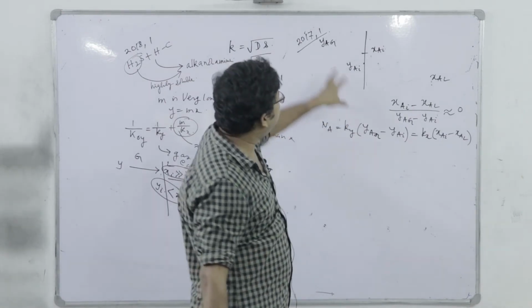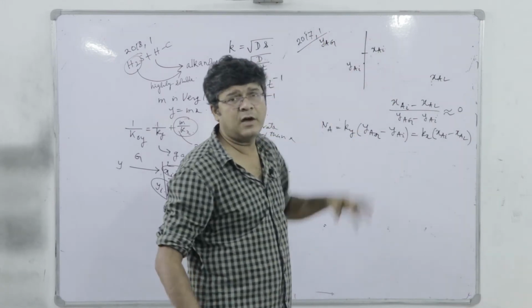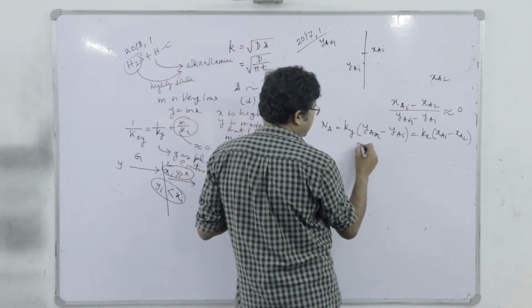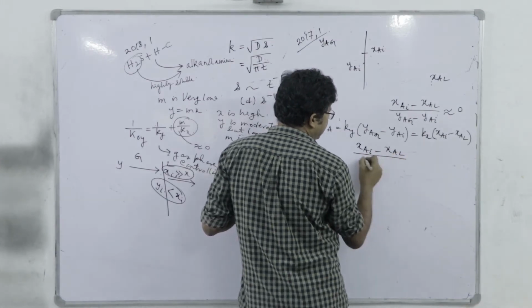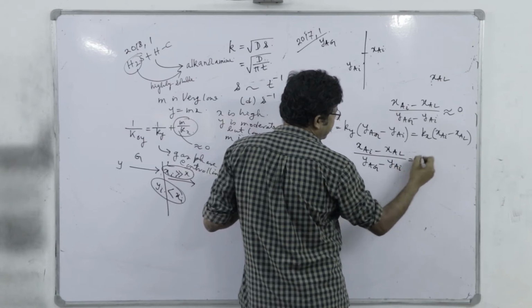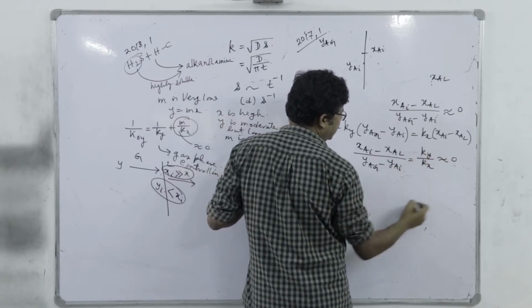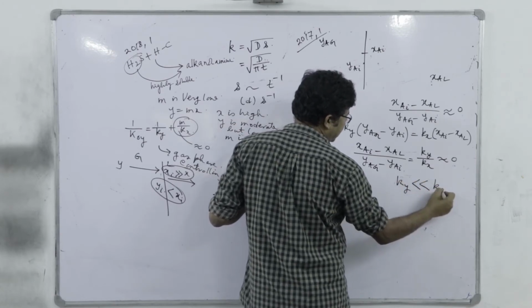So even wherever the system is operating in unsteady state, the interface will always be operating in steady state. So XAI minus XAL divided by YAG minus YAI is equal to Ky by Kx, and that's nearly 0, which implies that Ky is much smaller than Kx.